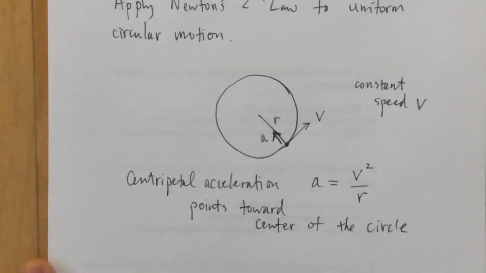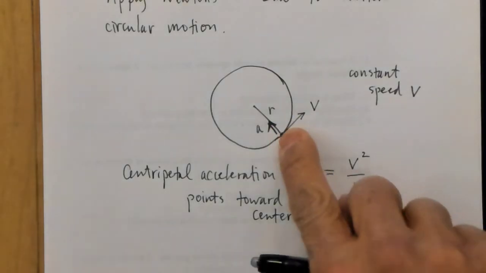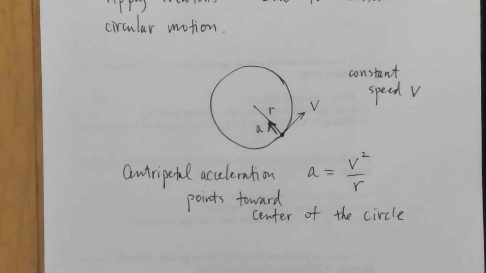If I were to ask you what is the acceleration of this object going around a circle, it's very straightforward. It's this centripetal acceleration that points towards the center of the circle.